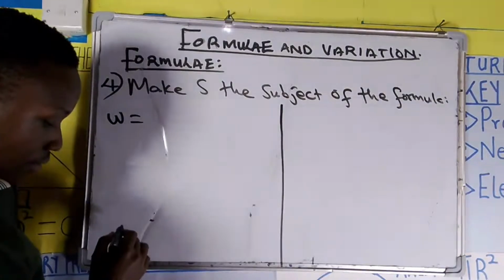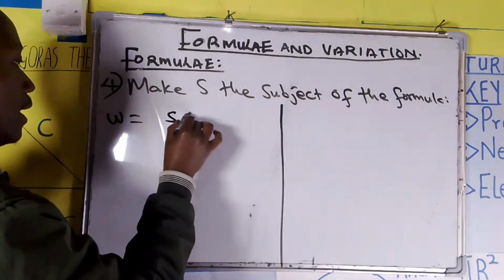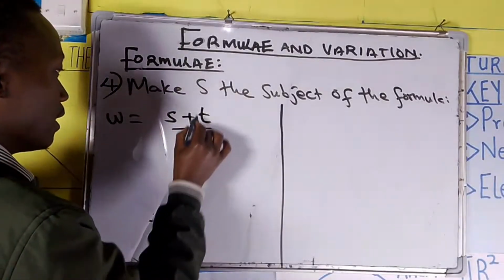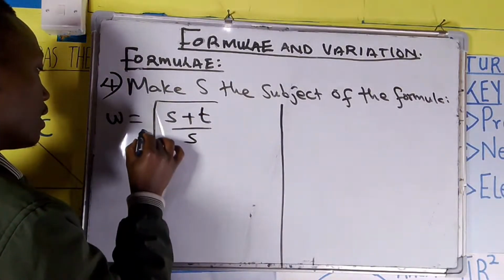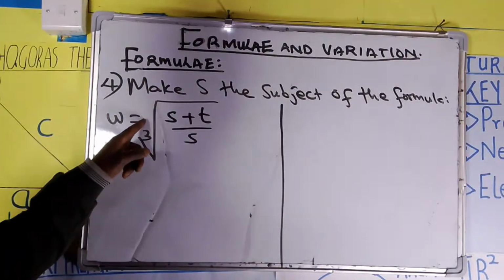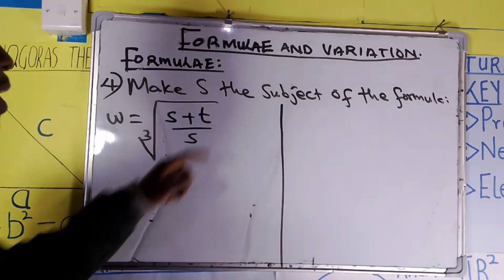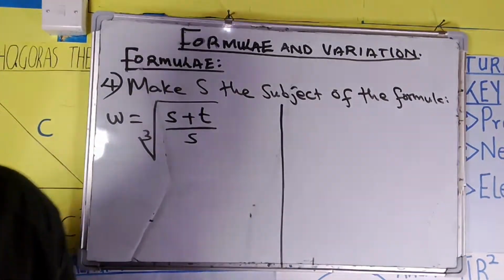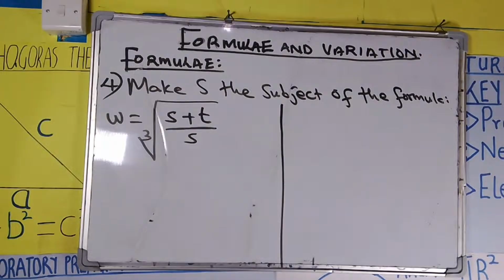W is equal to the cube root of S plus T over S. That is what we are supposed to make the subject of our formula.